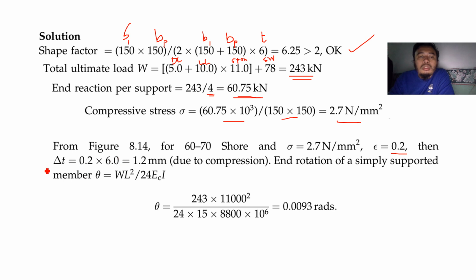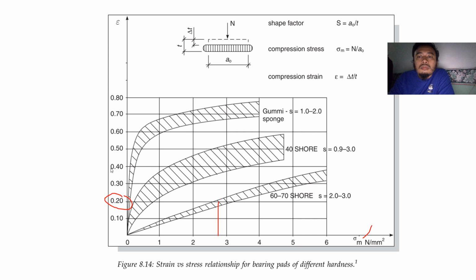So you get your 0.2 times 6 only. We use this equation first to get the delta t. We don't know delta t yet, so we need to calculate delta t. Delta t is equal to strain times thickness.